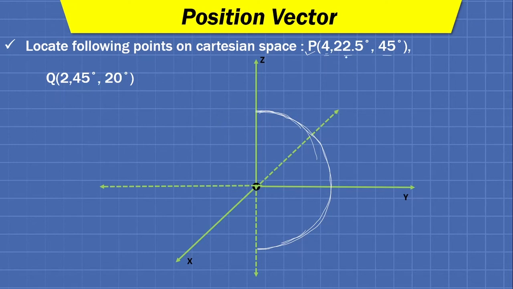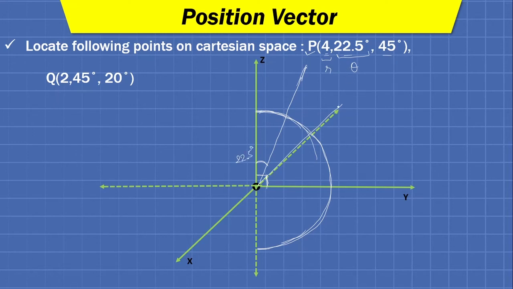Fine. Then this 22.5 degree is nothing but the theta coordinate of point P, which is the half angle made by the cone. Fine. So we know that the angle between y and z is 90 degree, so its half angle will be 45 degree, and again bisecting this angle will give us 22.5 degree. So this line is making an angle 22.5 degree with z-axis.